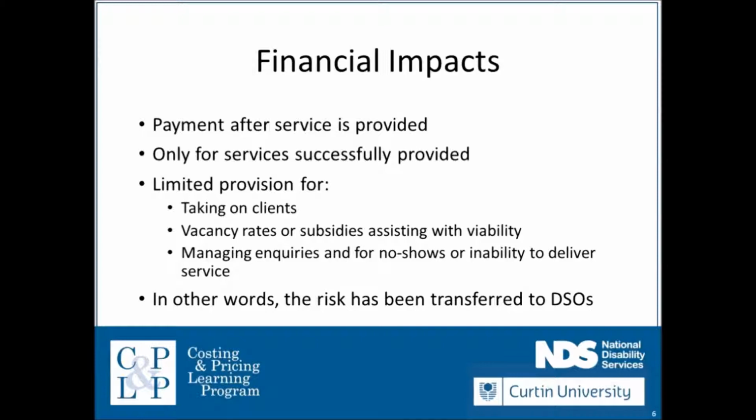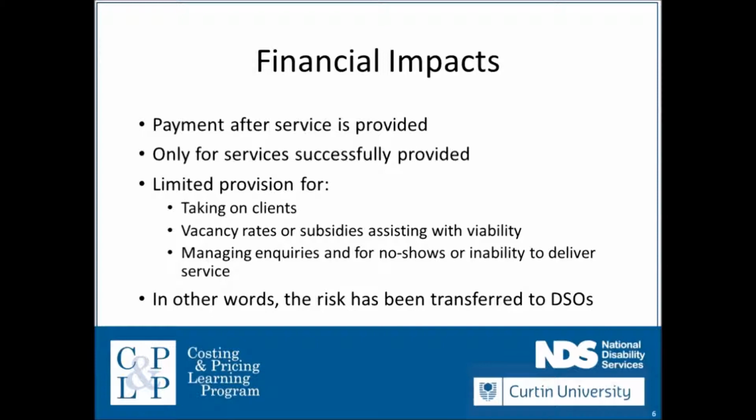And this is a big issue for organisations to face going forward, and that is under the NDIS arrangements, you will be paid for services that are actually delivered after those services have been delivered. This means that there's a significant financial impact because organisations have to have money available to be able to pay their bills while they're waiting for NDIS to pay for invoices for services delivered.